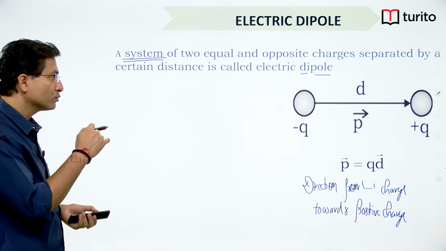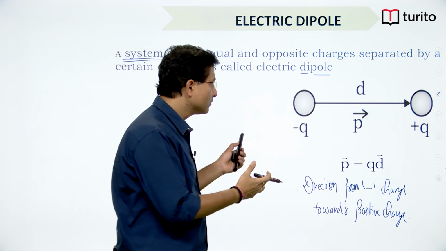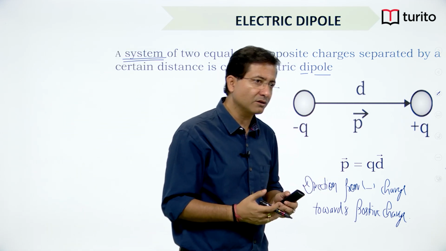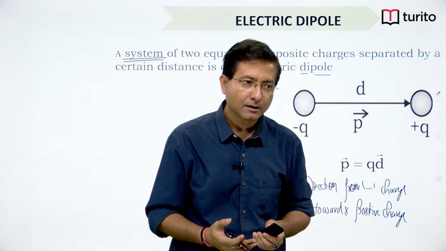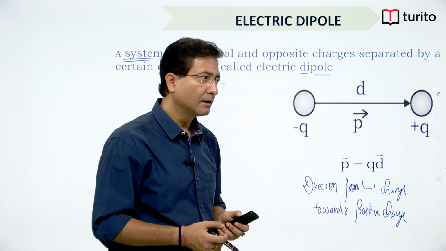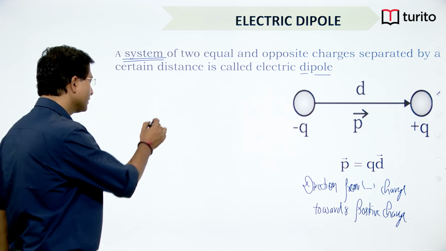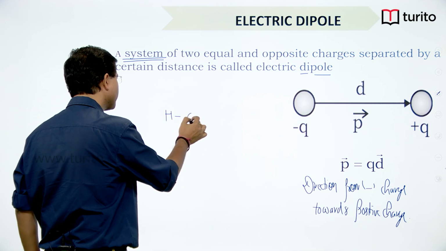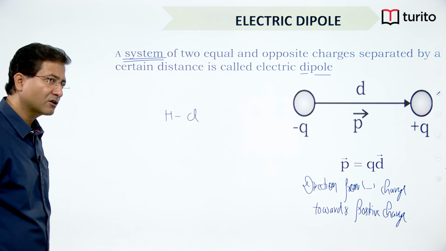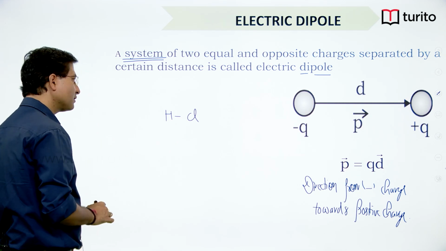So, we use this dipole in different situations, but before getting into all that, I can give you a simple example, like the HCl molecule that behaves as a dipole. The electron affinity of chlorine is more as compared to hydrogen.